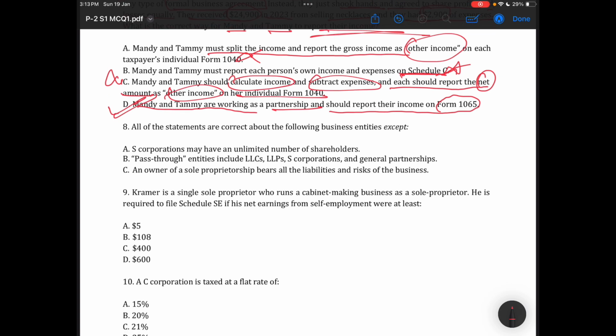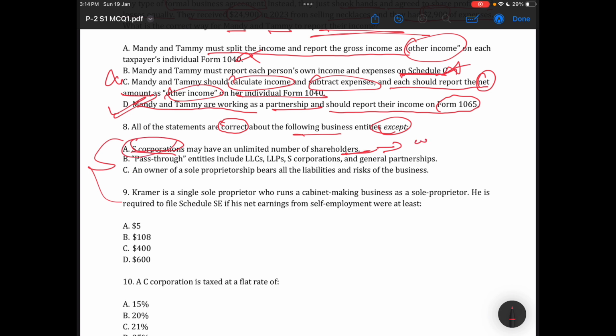All the statements are correct about the following business entities except. The first option is the S corp may have an unlimited number of shareholders. It's saying all the statements are correct except, which means only one answer is wrong. So there is a limit on an S corp, as there is a limit for the incorporation of an S corporation.